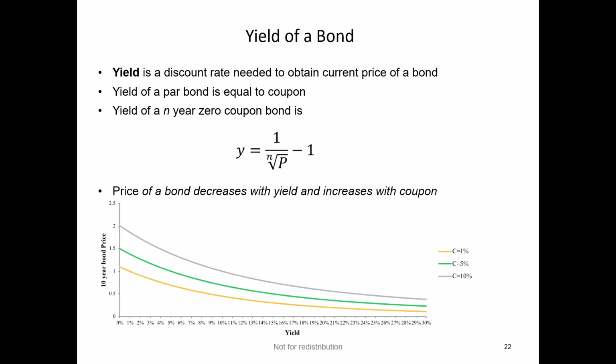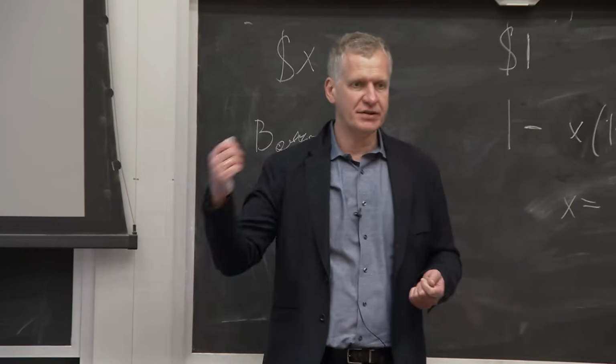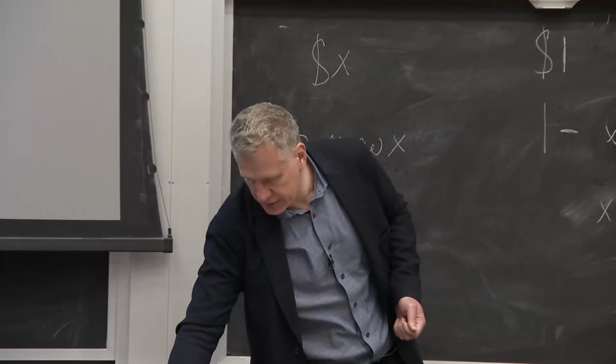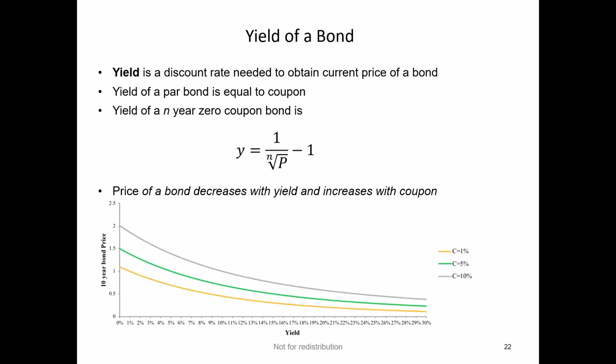What's important to know here is that the higher the coupon, and that's natural, the higher the yield is, right, for the same bond of the same maturity. But what is important to know is that yield and price are in inverse relationship. The higher the yield, the lower the price, right? Because it's all about discounting. It's in the denominator. The higher the price, the lower the yield.